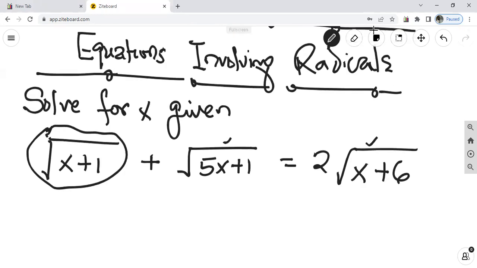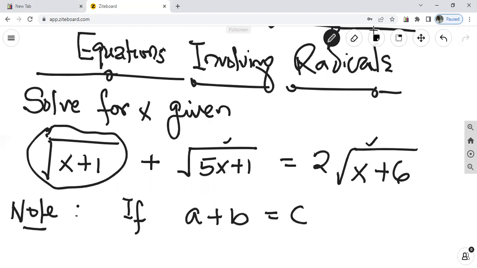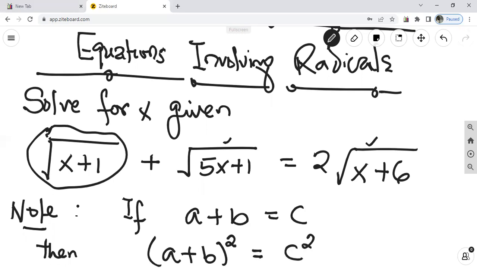Now, how do you solve this equation? First, you square both sides. But you want to note that if, for instance, you have small letters a and b, which are real numbers, and their sum, which of course must be a real number, is c, then we note the standard result that when we square the sum a plus b, we still get c squared.